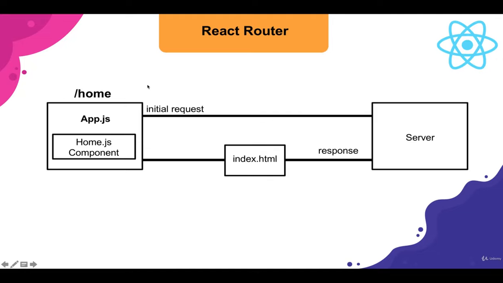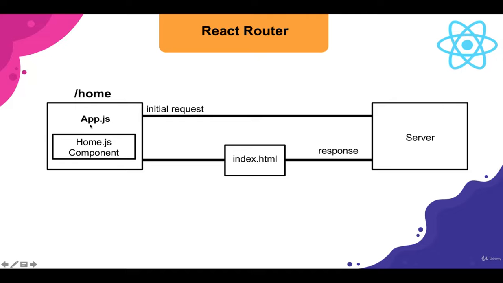So from the start, if we are in a browser and we make a request to the home page, we will make that initial request to the server, and then we get a response, which is the index.html page that goes to the browser. Now, React is going to look at this and say, okay, I know you want the home page, so I'm going to load up the home component.